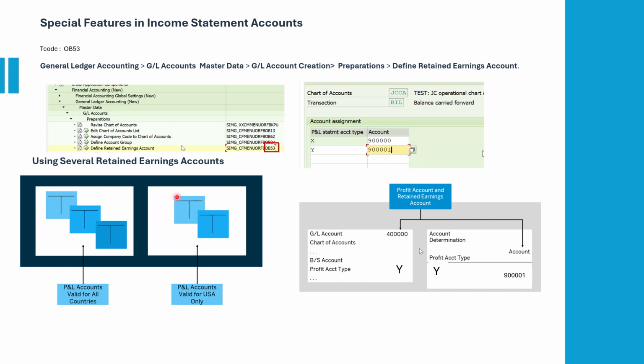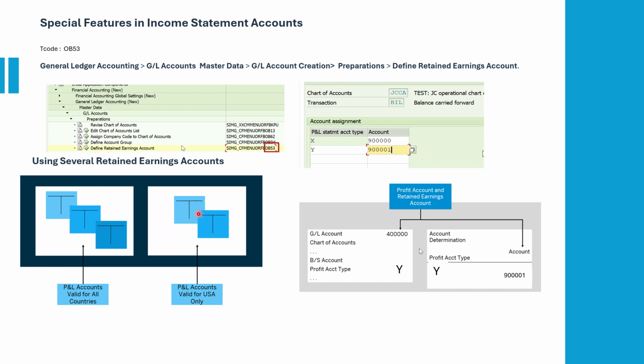Let's understand better by an example. Let's say in the US we have special taxation provisions which are relevant to income in the United States but not in Germany. These provisions are posted to special income statement accounts which are needed in the US only. For all other postings you can use income statement accounts which are used both in the US and in company codes in other countries.